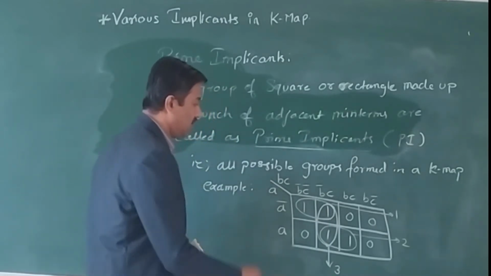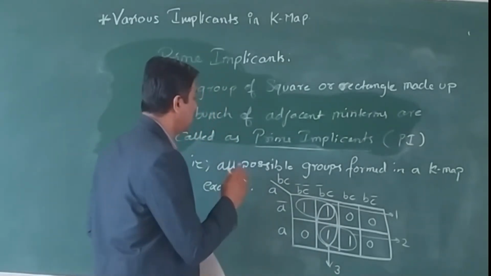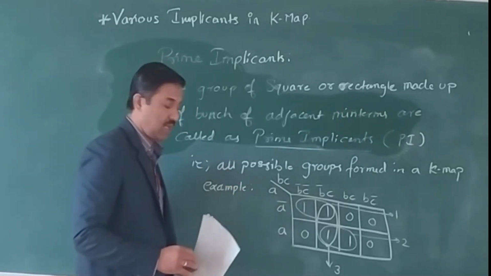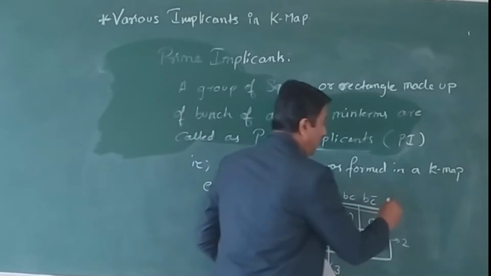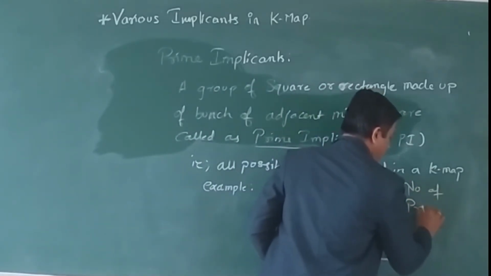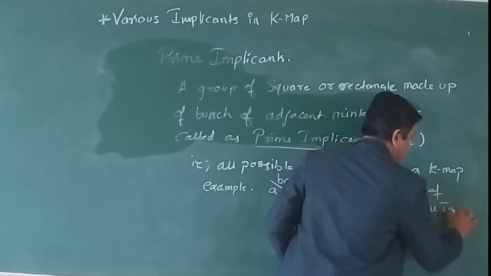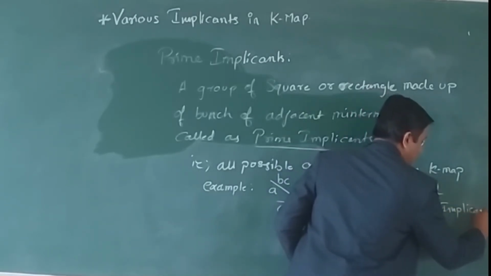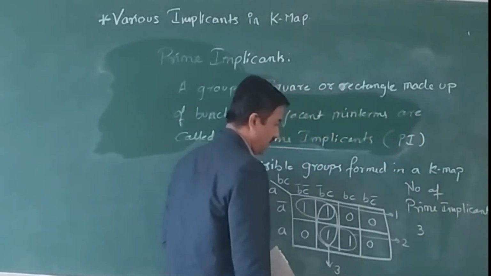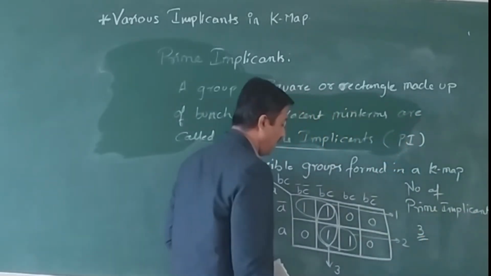These are the 3 groups, and these are the prime implicants of this particular K-map. So the total number of prime implicants is 3.